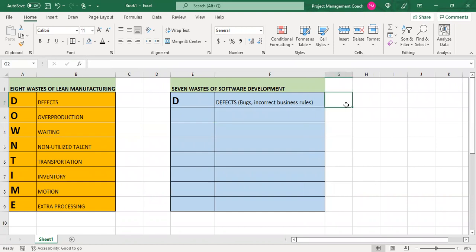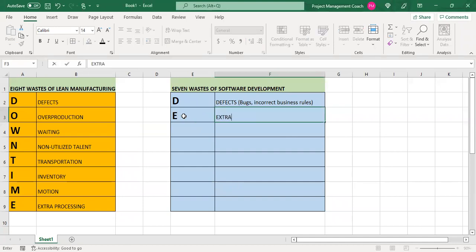Okay, let's talk about the next one. Next in line here, we have overproduction. Overproduction equates to what we would call E, extra features.